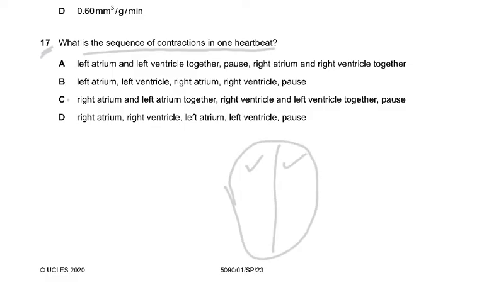So the right atrium and left atrium contract, and then the blood goes into the ventricles. Then the valves close, and then the ventricles contract and blood flows out of the ventricles. So the answer is C: right atrium and left atrium together, right ventricle and left ventricle together, and then there's a pause.